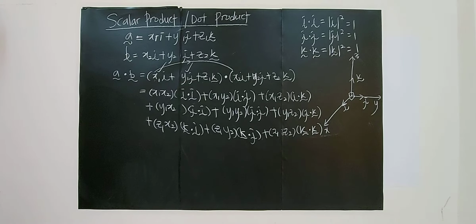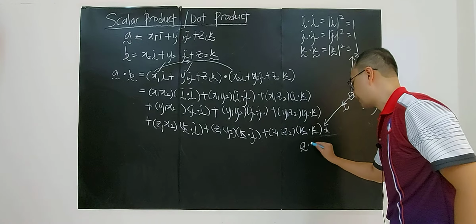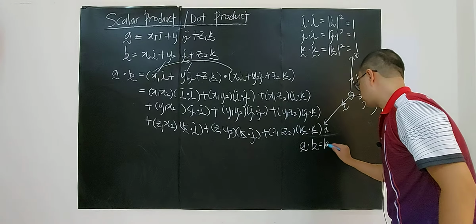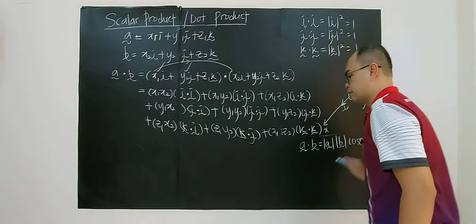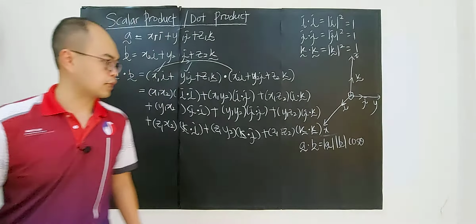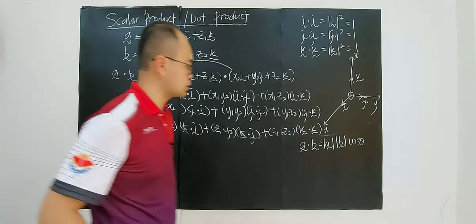Before that, we have to discuss this. Let's say a dot b is equal to magnitude of a, magnitude of b, cosine theta. So we know that a dot b is the magnitude of a, magnitude of b, cos theta.